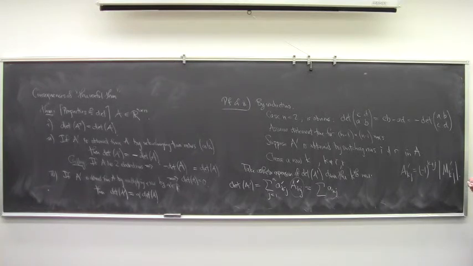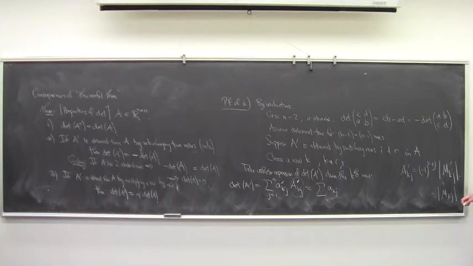We're looking at the minor matrices you get by crossing out the kth row and column j. And remember that these are n minus 1 by n minus 1 matrices. So it's going to be negative the determinant of MKJ.